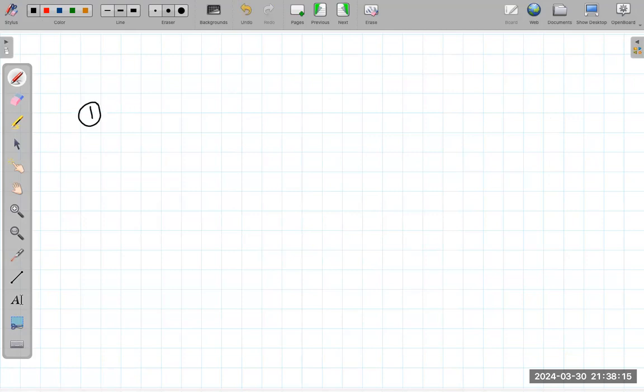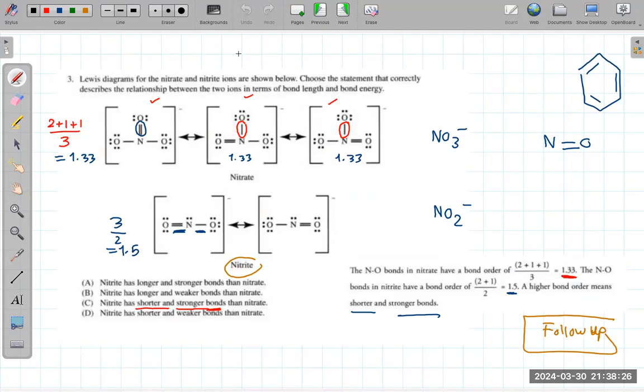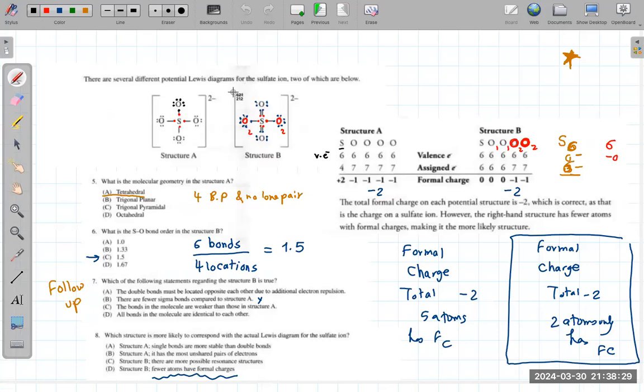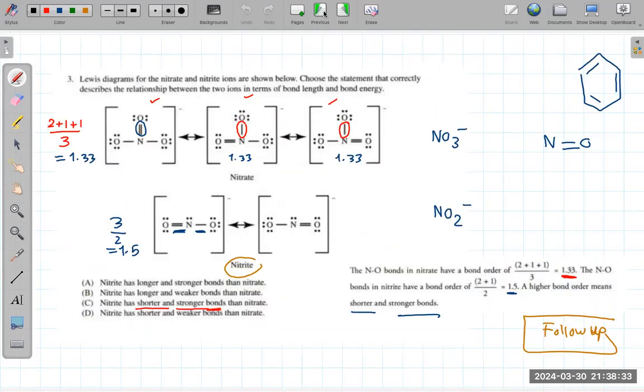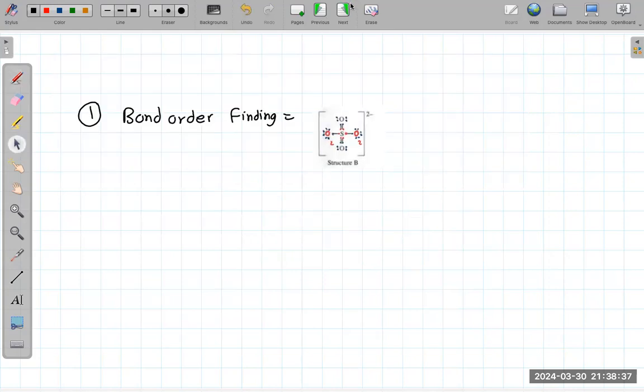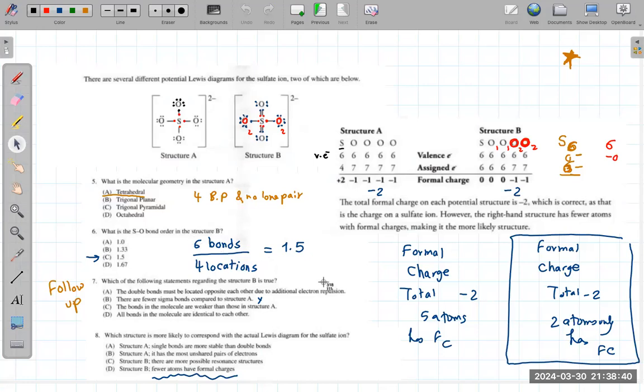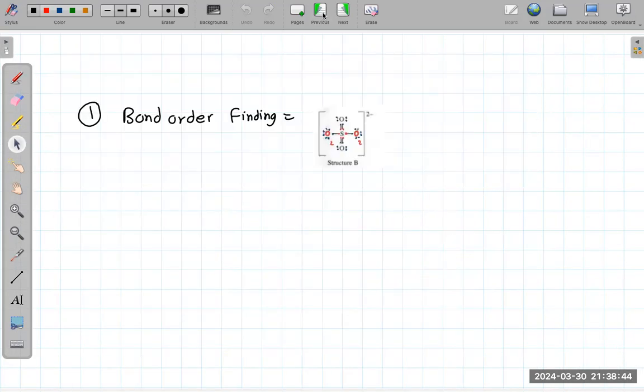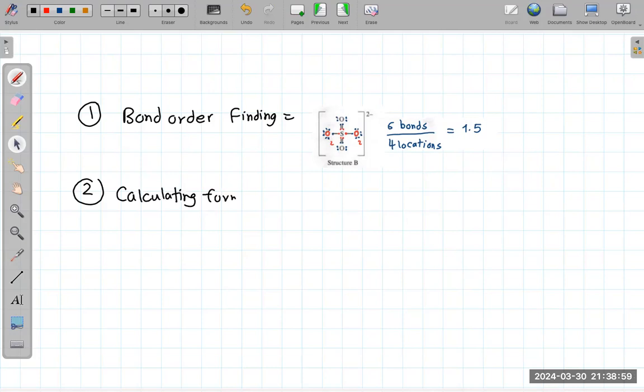You can just put how to find the bond order method. خلينا نحط الاكزامبل جنبه. ودي الطريقة اللي احنا قلناها 6 total bonds 1 2 3 4 5 6 على ال 4 locations. وبعدين عايزين نعمل الطريقة اللي هو بيقول عليها بتاعت calculating ال formal charges، اللي هو قال عليها ال valency electrons minus ال assigned electrons.